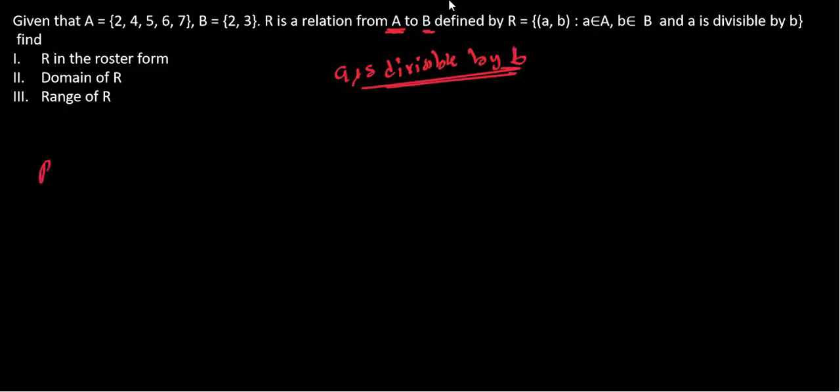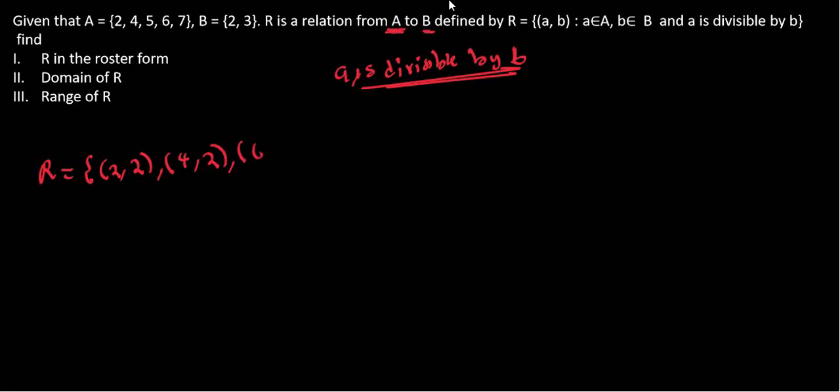So what would be the relation in this situation? Since A is divisible by B, this means that A is supposed to be divided by B. So 2 can be divided by 2 in B. Then 4 can be divided by 2 in B. How about 5?